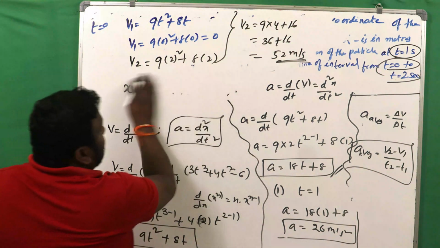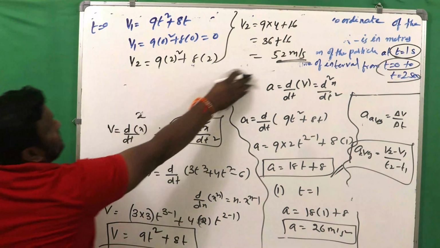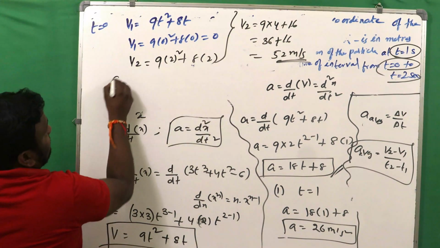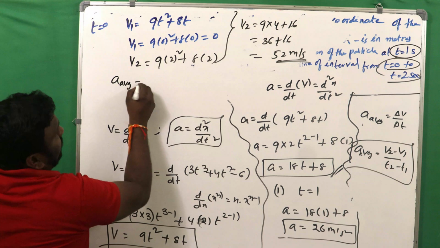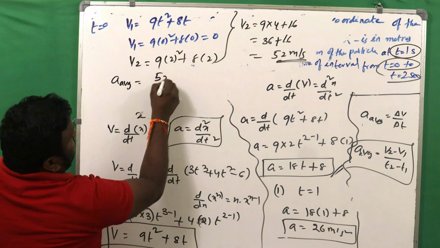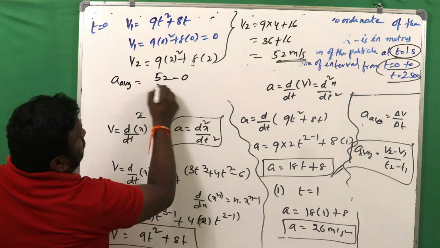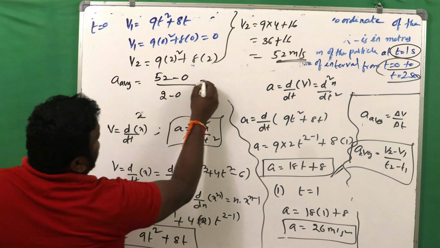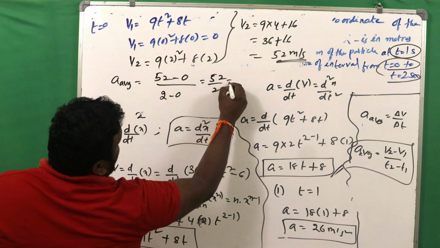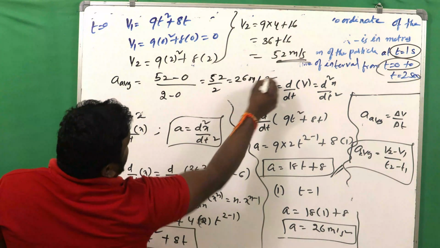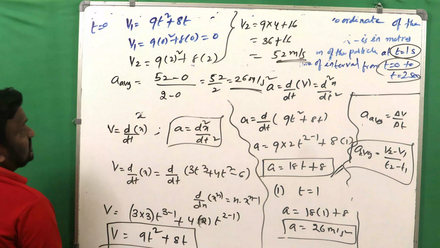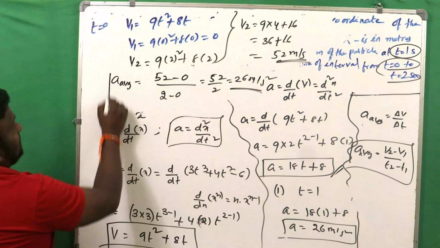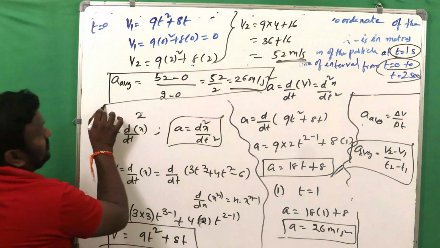So what we want to find out is the average acceleration. a_avg = (v2 − v1)/(t2 − t1) = (52 − 0)/(2 − 0). So 52 by 2, that is 26 meter per second square. This is the average acceleration.